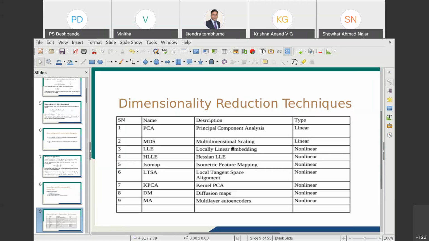All these are covered in scikit-learn, except the one deep learning technique called autoencoding, for which you can use TensorFlow. So whatever I have put here, most of them you can do using scikit-learn, but 8 and 9 you have to use TensorFlow.